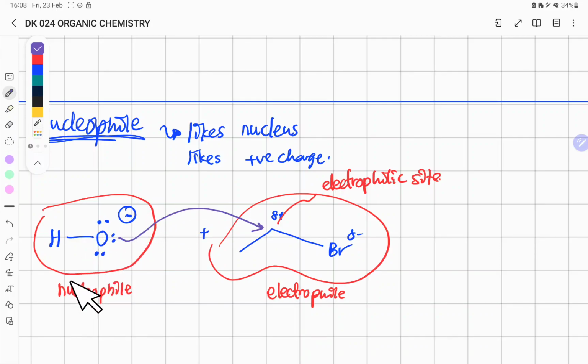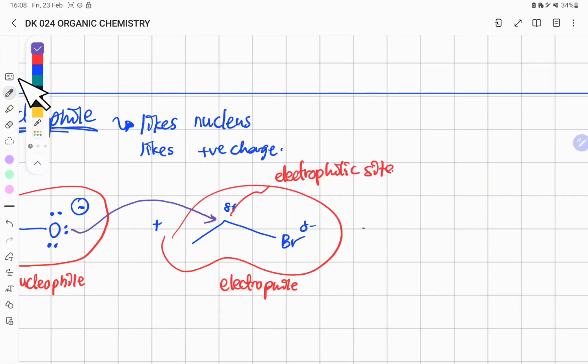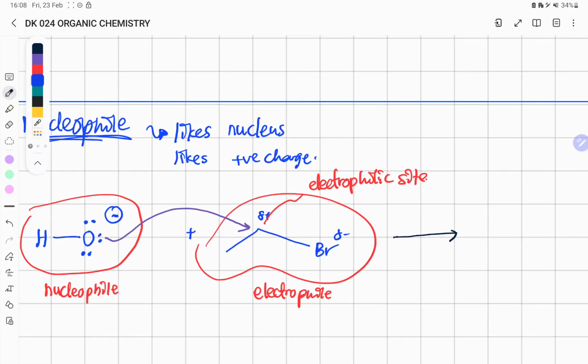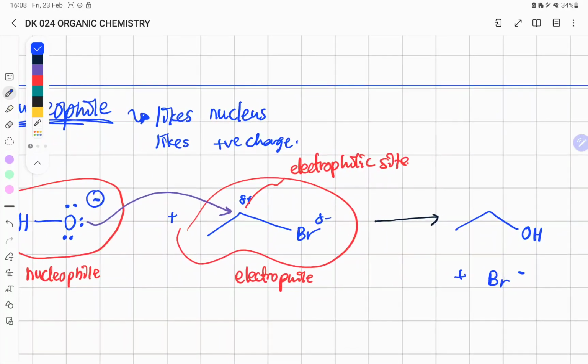So kalau kita nampak nucleophile akan react dengan electrophile. Dan apa yang kita akan dapat is this. This is what we're going to get. Okay, kita akan dapat gantikan dengan OH tadi, plus Br minus. Okay, so this is what we get.